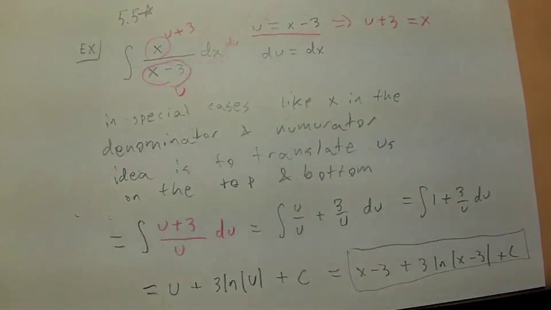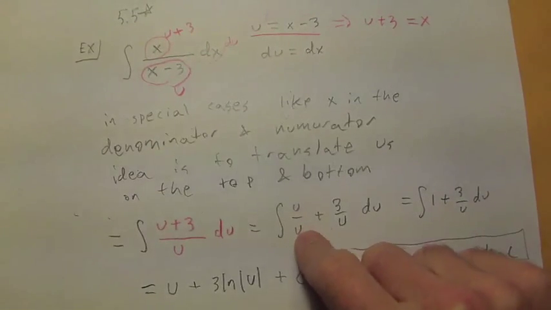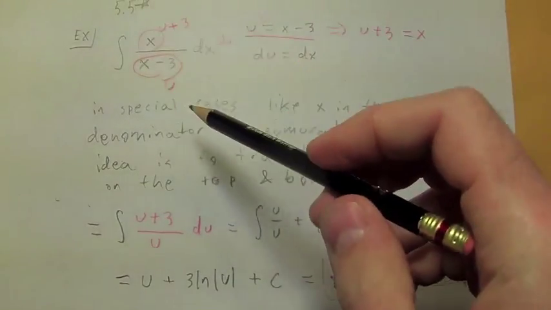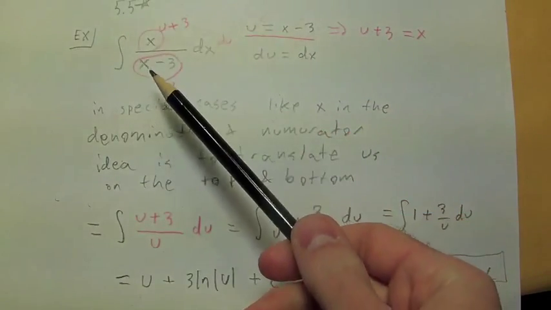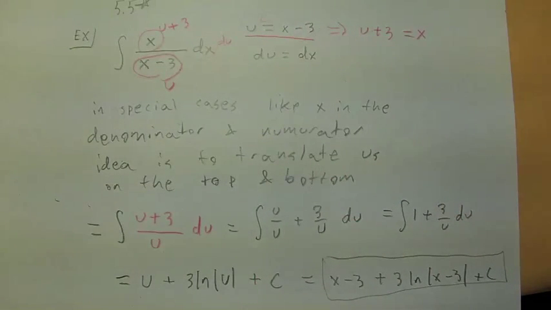So these tend to happen when you basically have the inner functions on the top and the bottom. So you have, say, a degree 1 polynomial here and a degree 1 polynomial there.